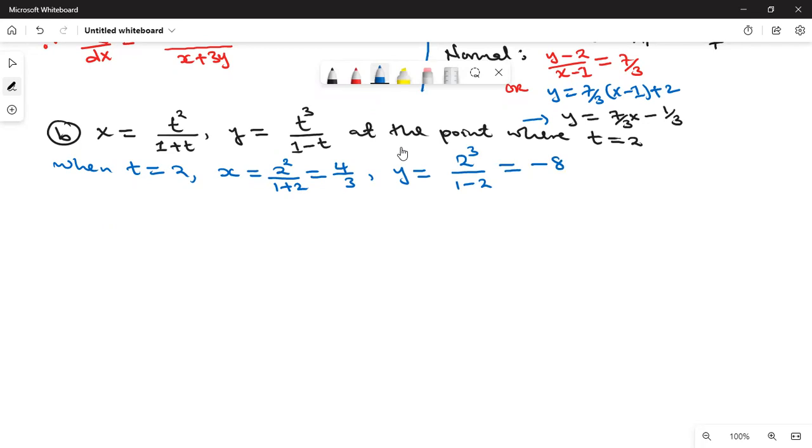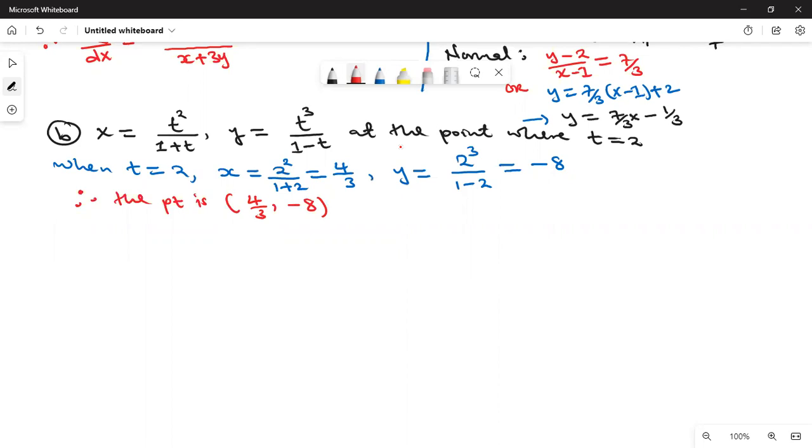So therefore the point is, the x coordinate is 4 over 3, the y coordinate is negative 8. That is the point where we need to find the equations of the tangent and normal lines.